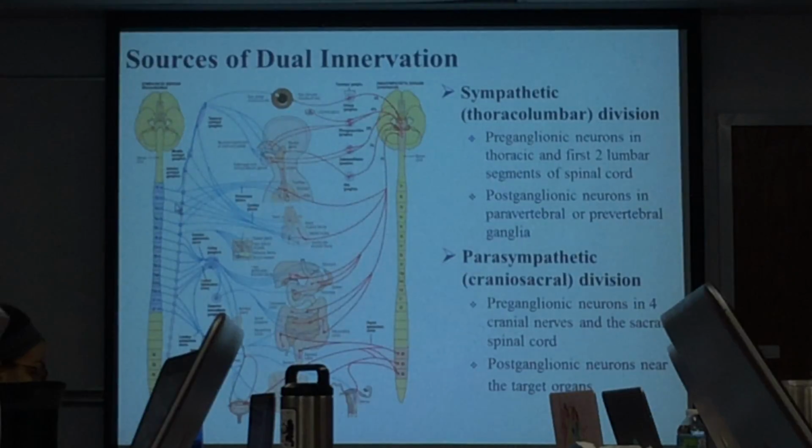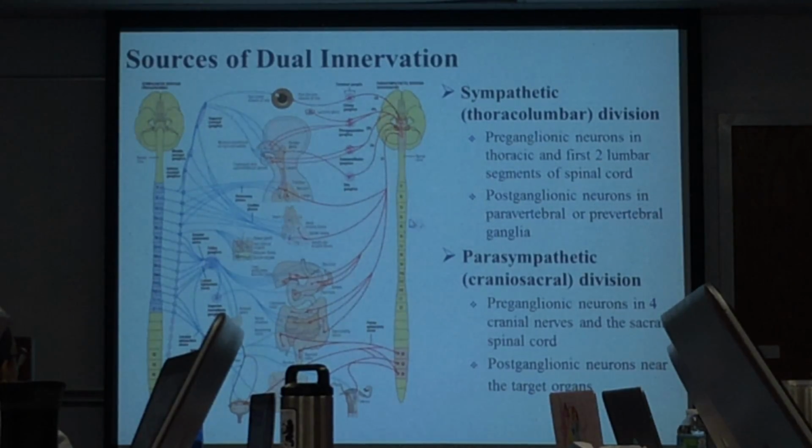Okay, so a few points I want to make here is that compared to the parasympathetic system, the neurons from the sympathetic system project widely. A single neuron, if you look here, projects to many peripheral ganglia, and innervates many different organs.